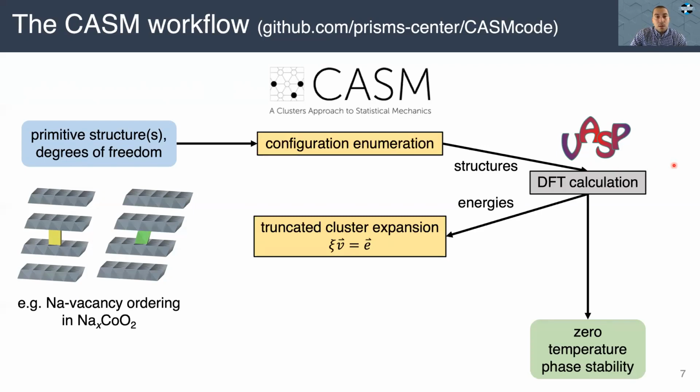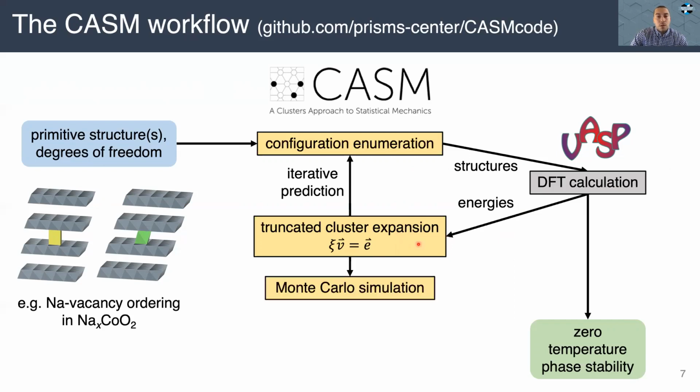We also feed the energies back into CASM and fit a truncated cluster expansion, which can be set up as a matrix equation like this. And this is an iterative process. So once we fit a reasonable cluster expansion, we can use it to iteratively predict low energy structures and calculate their energies using DFT, and then use the data to improve the fit.